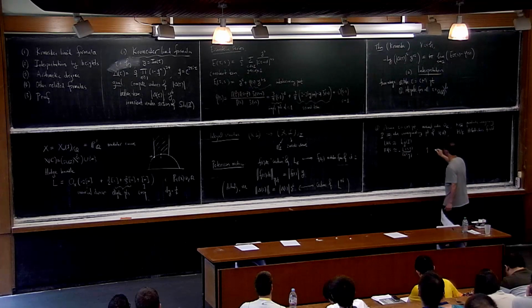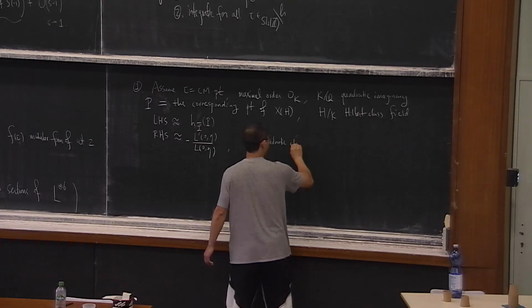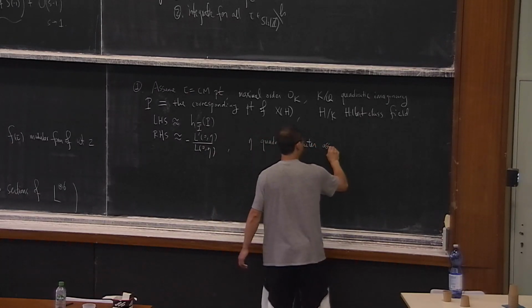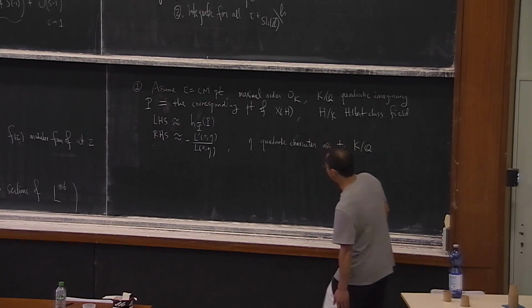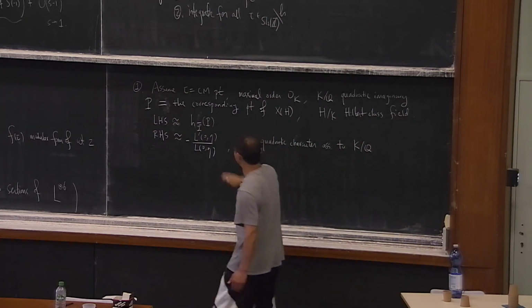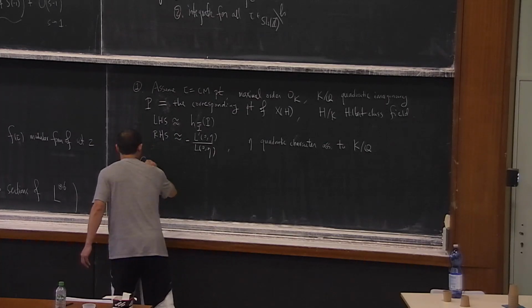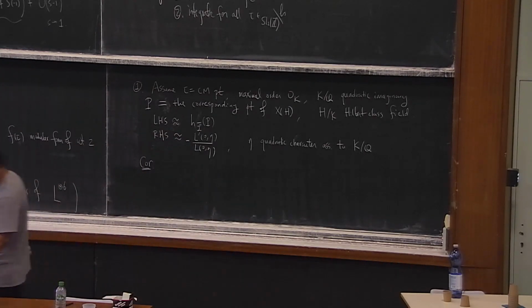This eta is the quadratic character associated to that quadratic extension. I didn't write down the constants, everything. But now I'm going to write down everything rigorously.